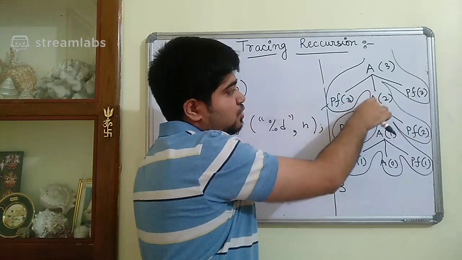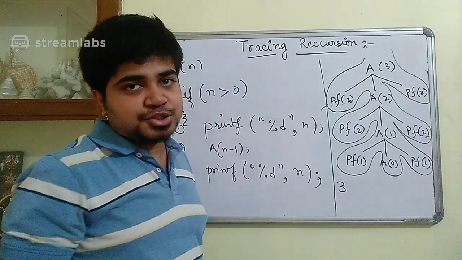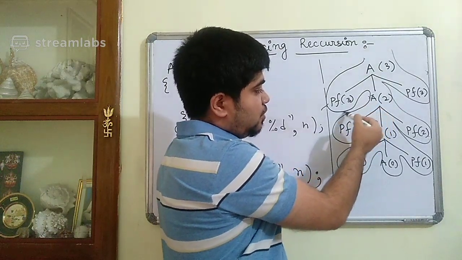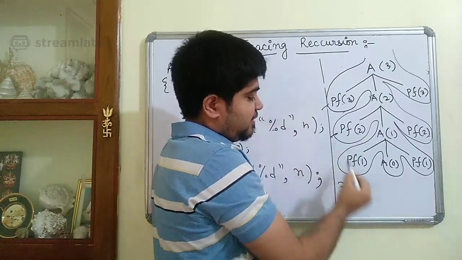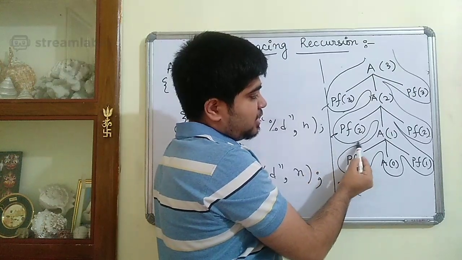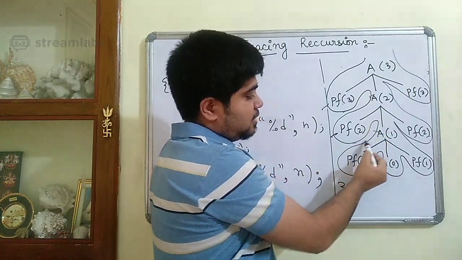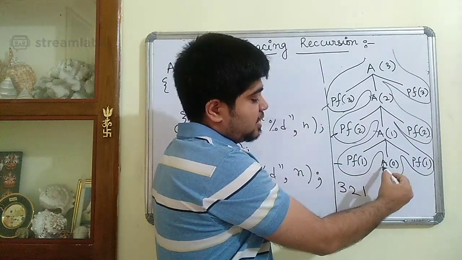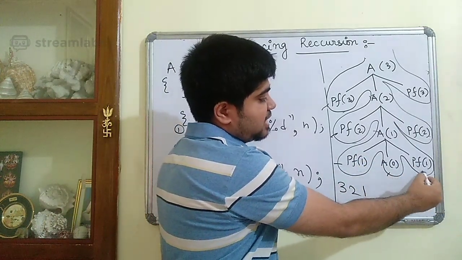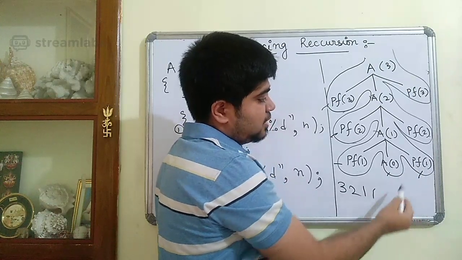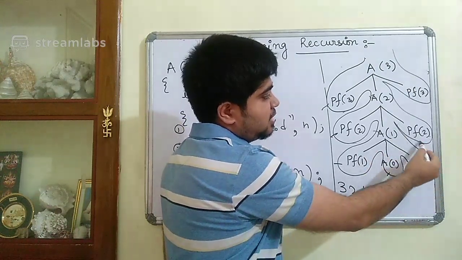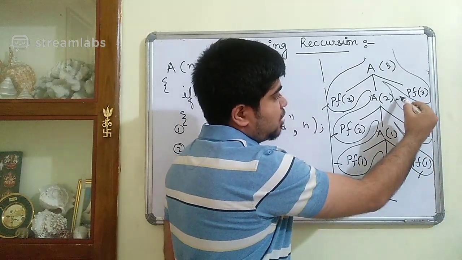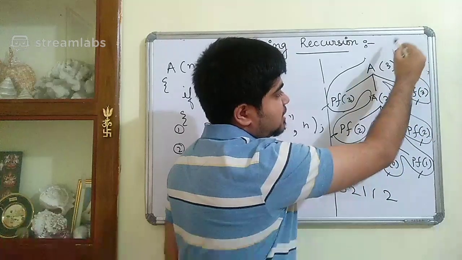Then I encounter a calling of function, which is fine. You don't have to do anything. Then you go here. Then again print 2. I'm going, calling, printing 1. Then I'm going, calling. Then again printing 1. Then I'm going, then printing 2. Then calling, then printing 3.